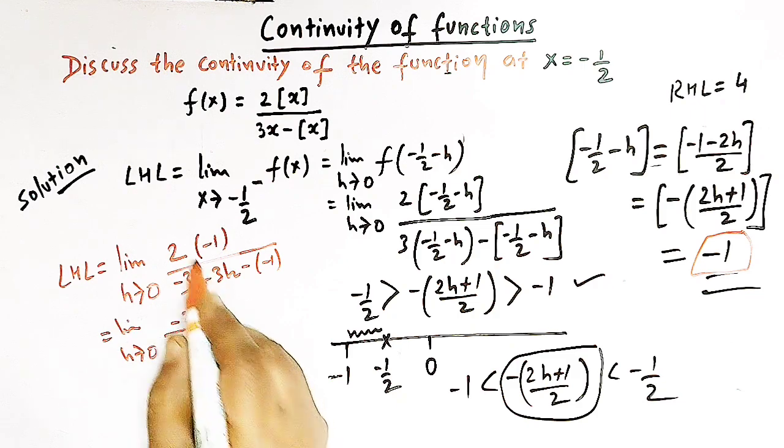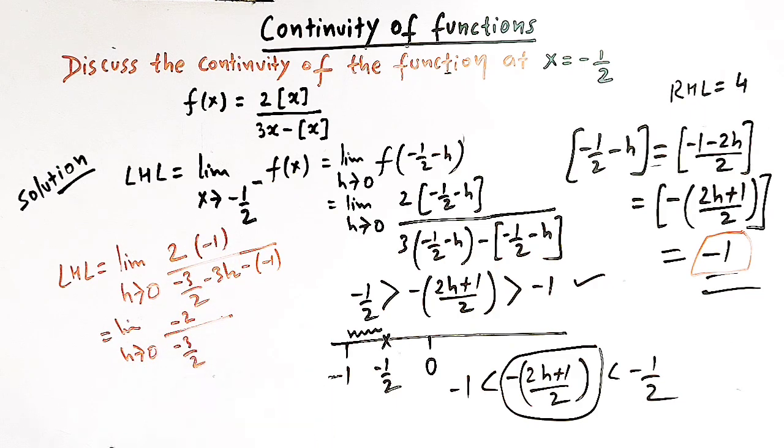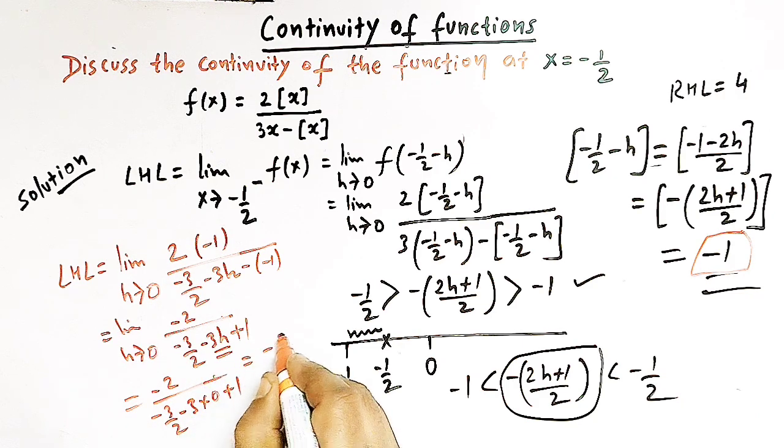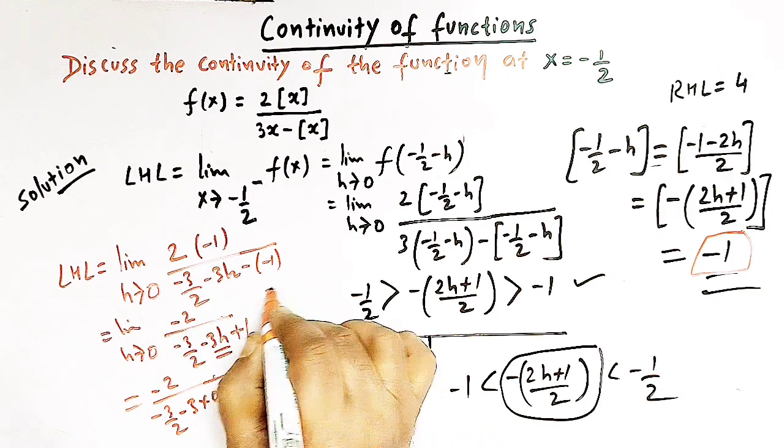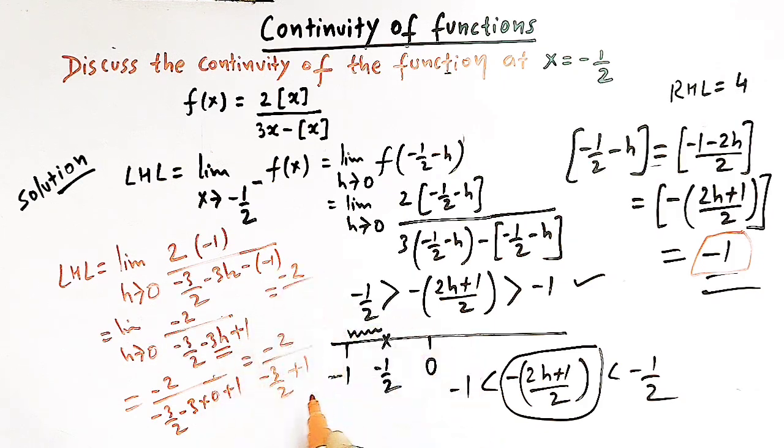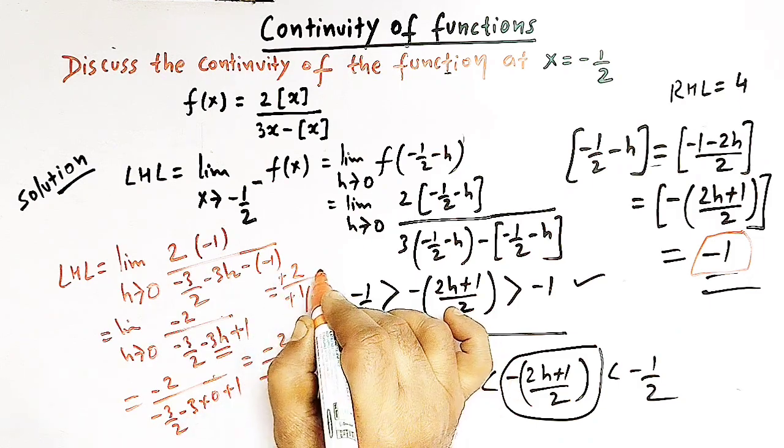This is minus 2 and minus 3 by 2 minus 3h plus 1. So taking limit h tends to 0, this term is 0. We have minus 2 minus 3 by 2, and here we have minus 3 times 0 plus 1. So minus 2 minus 3 by 2 plus 1, and we can write minus 2 over minus half, and minus and minus get cancelled.